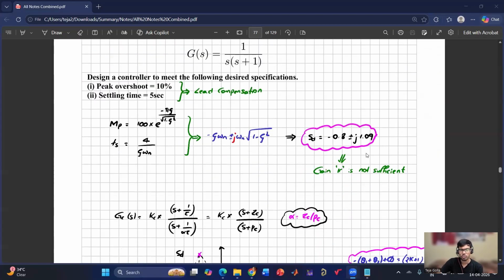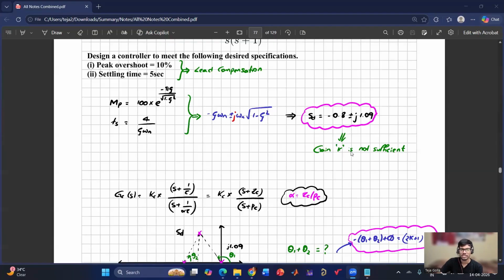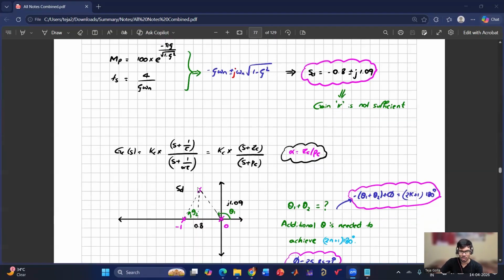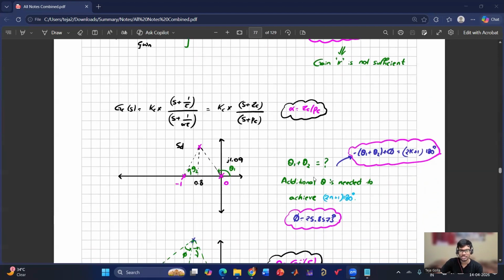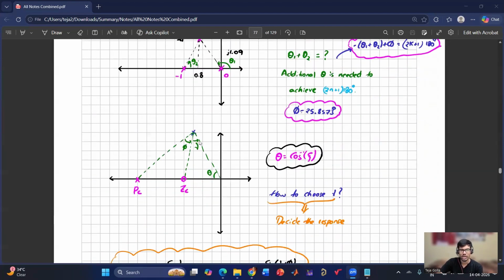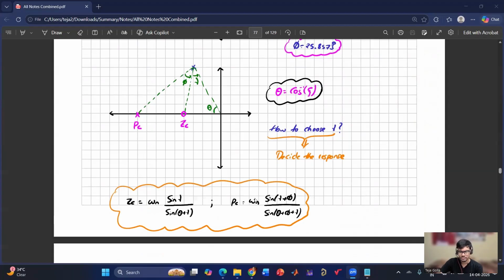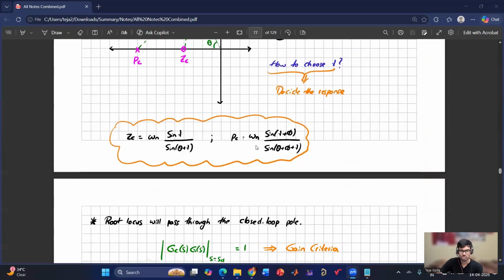I have to convert the transient requirements back to the pole location. Now I have to pass through this pole location, and I have to plot the root locus and see whether a simple gain k is sufficient. If it is not sufficient, then I have to follow these guidelines: from the pole location, calculate how much additional phase is needed, and so on, and then get the lead compensation. So these formulas are there.